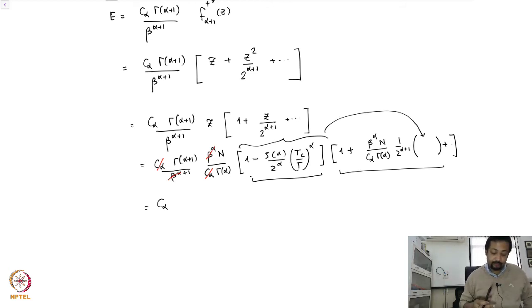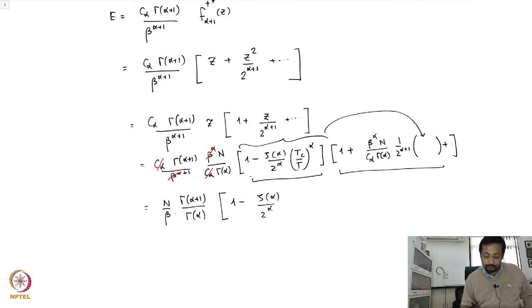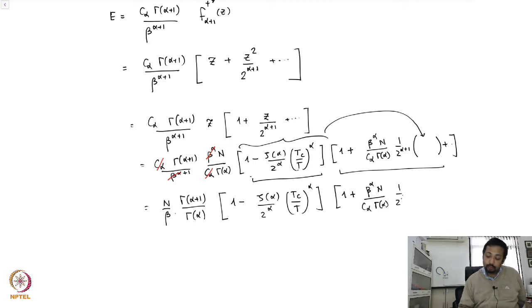And then I am left with n over beta times gamma alpha plus 1 divided by gamma alpha, 1 minus zeta alpha raised to the power 2 to the power alpha Tc over T raised to the power alpha, 1 plus beta to the power alpha n C alpha gamma alpha 1 over 2 to the power alpha plus 1 and higher order terms.